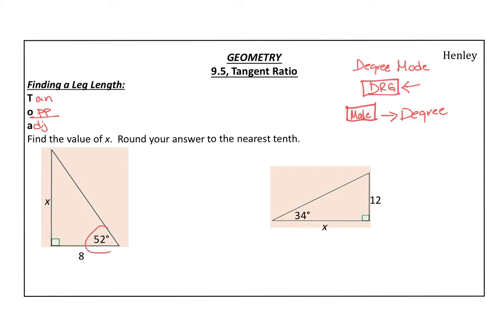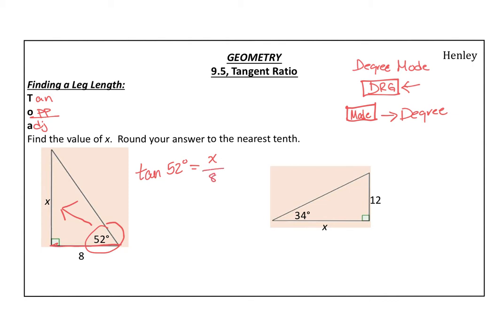Now, this is the angle we're given, so we're going to find the tangent of 52 degrees, and that will be opposite, which is x, over adjacent, which is 8.